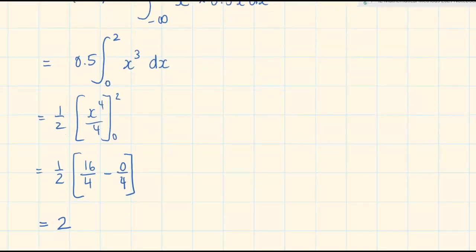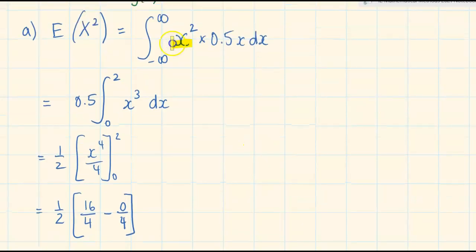So the expected value of the continuous random variable x squared is given by whatever the function is, so x squared, times the original function f of x.